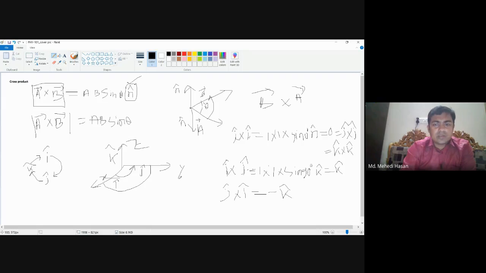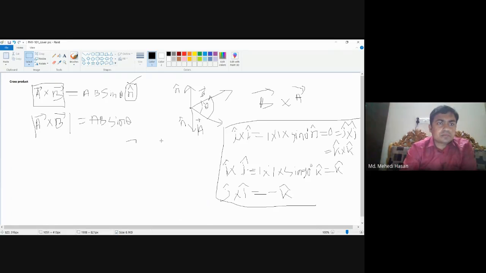Okay, so this is the calculation for the cross product. Another thing is that in calculating the cross product, you can follow two ways.